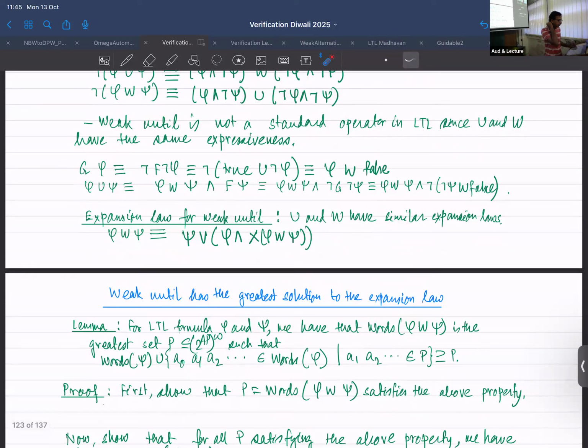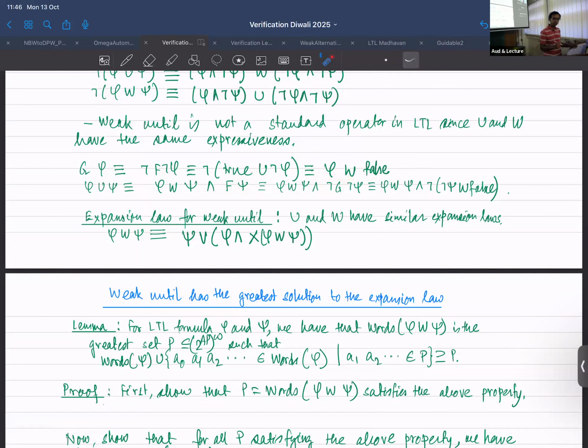now you can also express globally phi with the help of such a weak until formula, right? Phi weak until false. So what is the weak until? This is going to hold, and this may hold or this may not even hold. So we know that false never holds, in which case phi has to continue to hold.